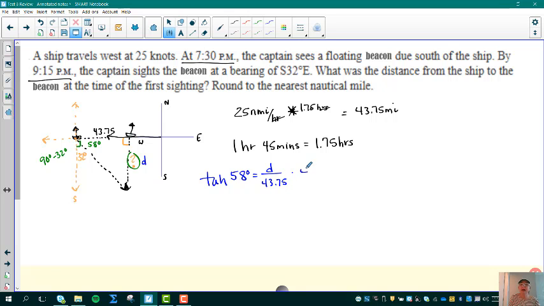When we multiply by 43.75 on both sides, we find that D is equal to 70 nautical miles. So, looking back to here, when we first were looking at the beacon that was due south, the boat was 70 nautical miles from the beacon.